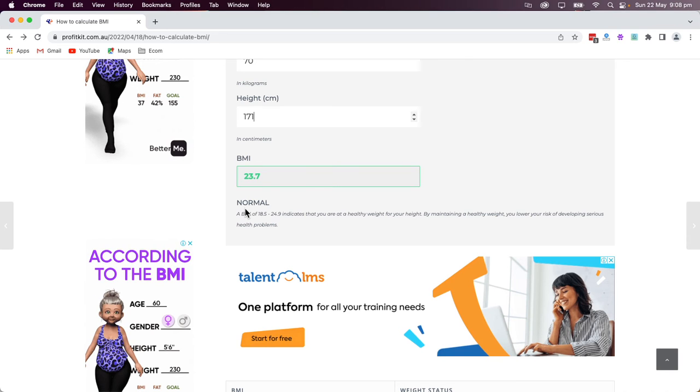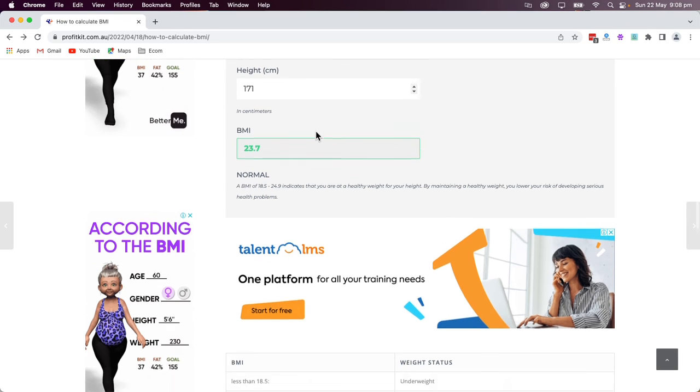We had 23.648. This has rounded it up to 23.7. But based on that, we've got a normal or healthy BMI. And then it gives you the range: 18.5 to 24.9 indicates that you're a healthy weight for your height.